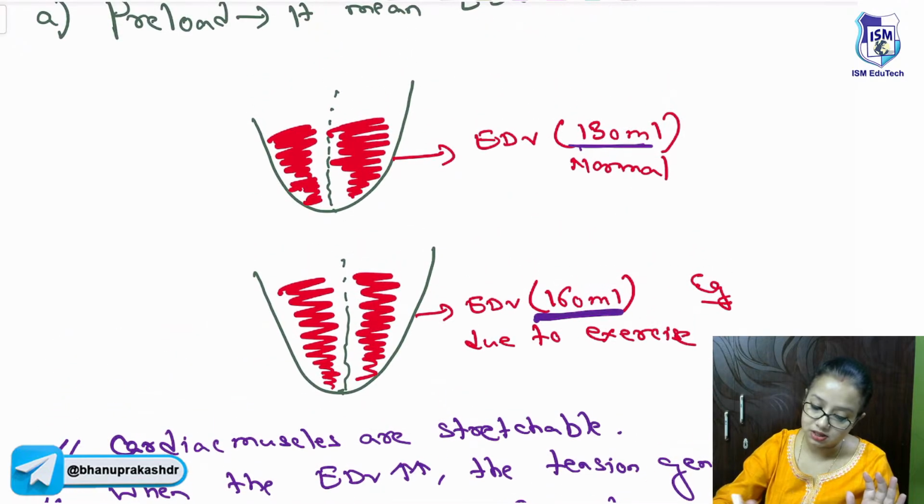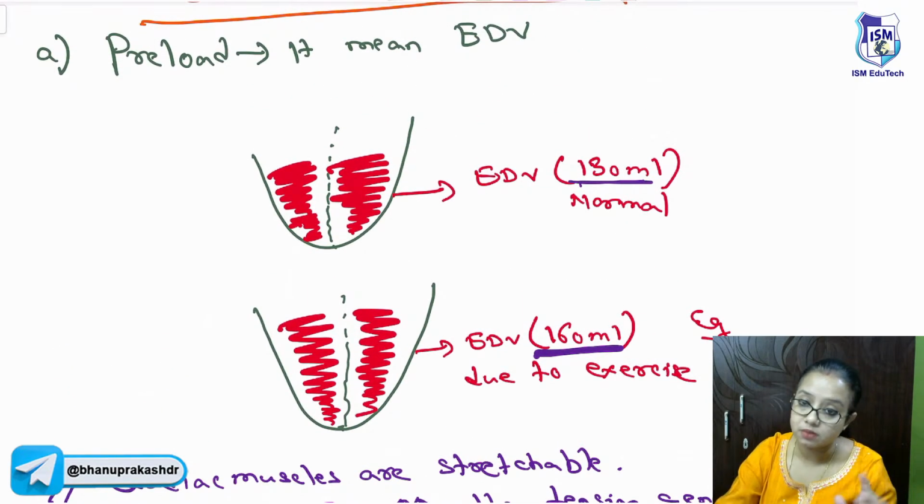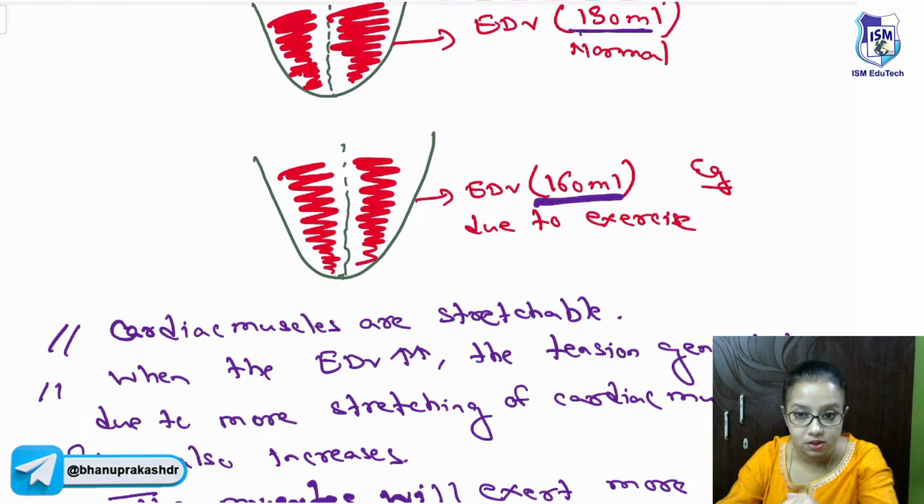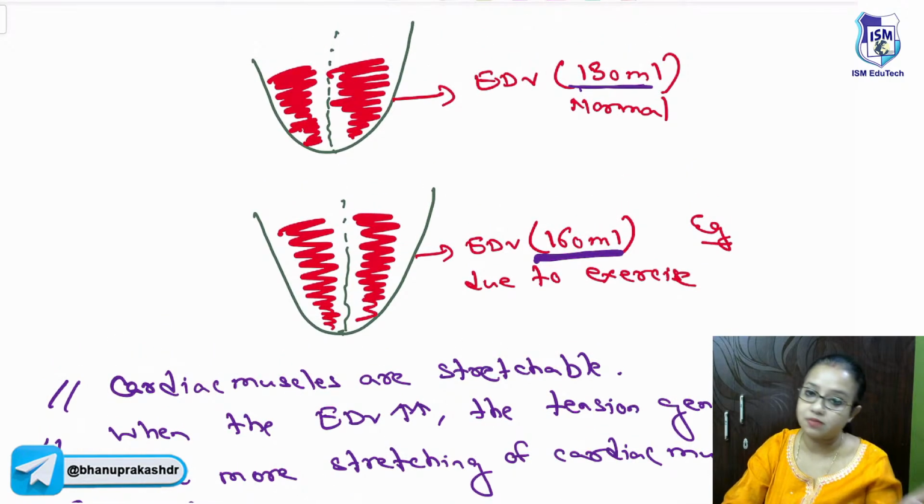So here you see what the preload is. Preload is the first and foremost determinant of the cardiac output. Preload means end diastolic volume. We already know what end diastolic volume is. It is the volume of blood present in the ventricle after the filling phase.